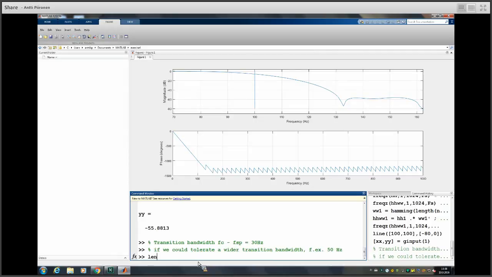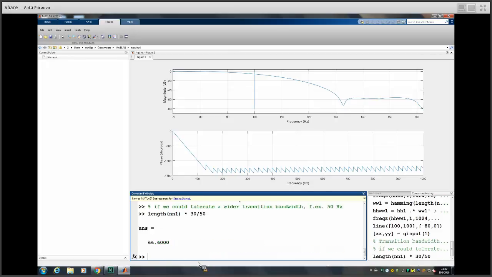Now our length of the filter, NN1, is 111 points. We just multiply this one with the current transition bandwidth divided by the required transition bandwidth. That's our new length. So we have 66.6 values, 67 values.